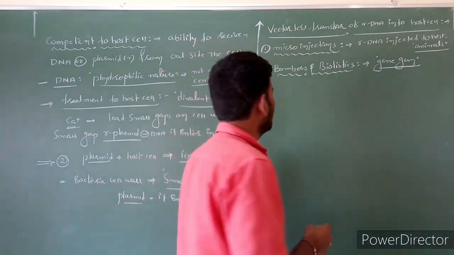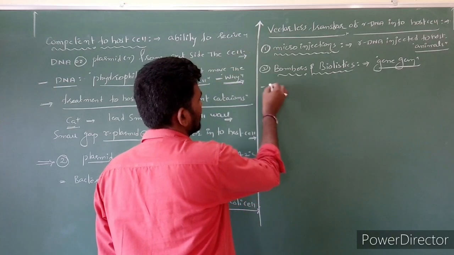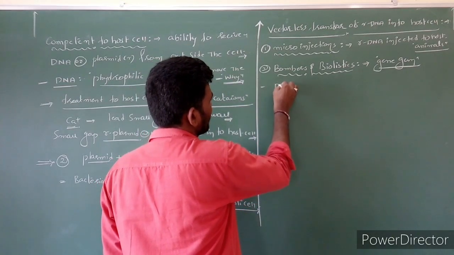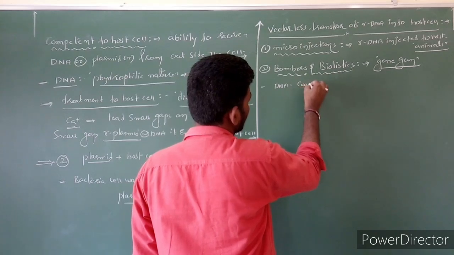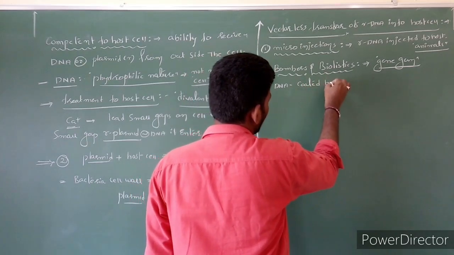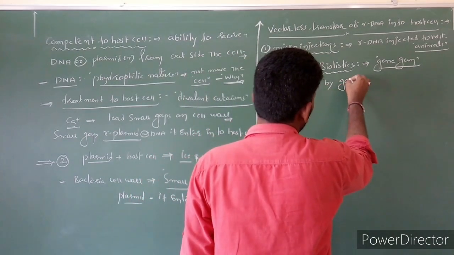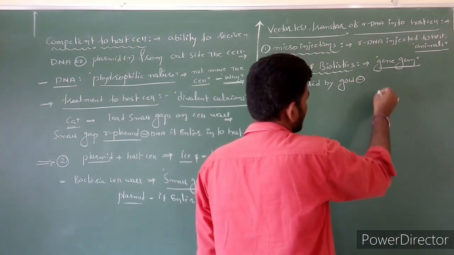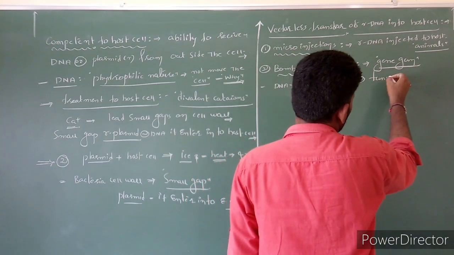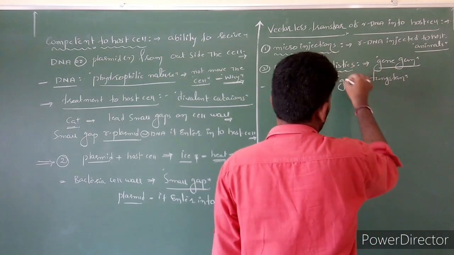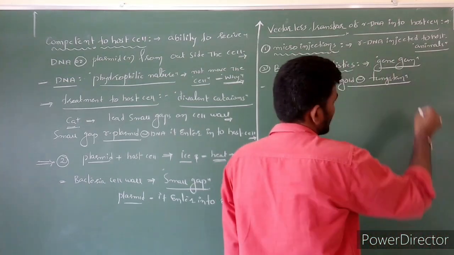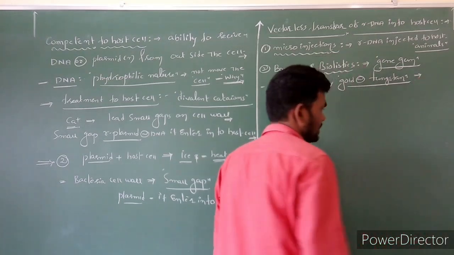Okay, next, here the DNA is coated by gold or tungsten chemical. Now it becomes what? One bullet is formed.